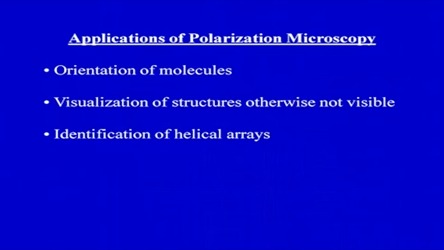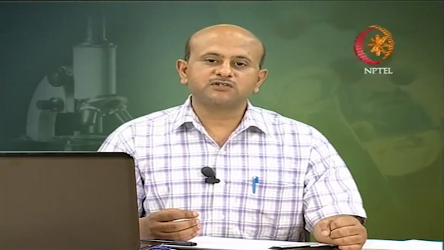Then, visualization of structures: like I said, there are a lot of structures which are not visible by other techniques. For example, mitotic spindles are not visible by either bright field or phase contrast microscopy, and they can easily be seen in polarization microscopy. This makes it easier to see what is going on in the mitotic spindle.